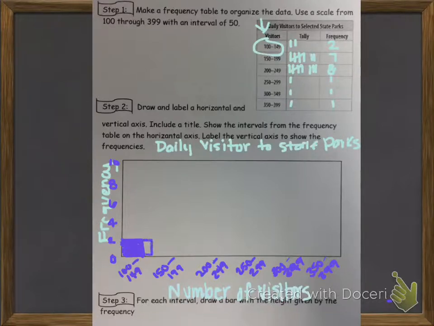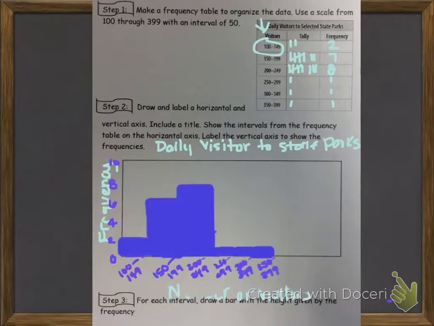So remember that the width of your bars have to be the same width because they are the same numbers in each interval. So you make it as close as the same width as possible. Using a ruler might even be the best decision for you. Okay, I would like you to go ahead and finish out this bar diagram on your own, and please press play when you have finished doing that.